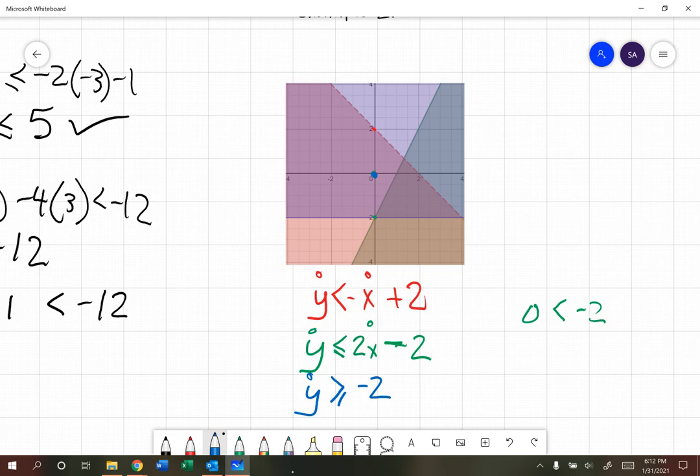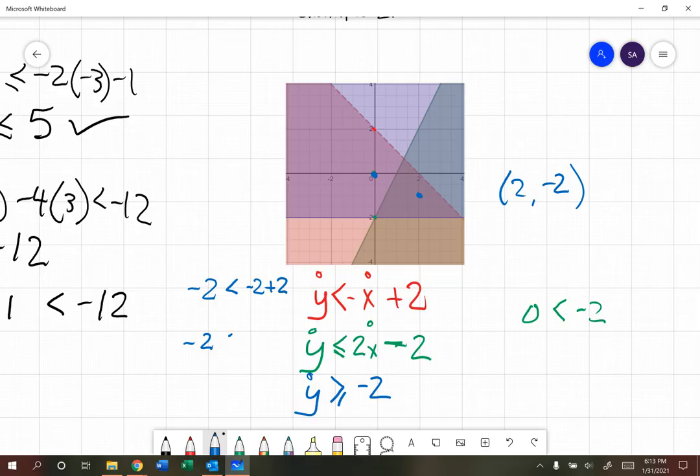If I were to then check a solution of this, so if I chose 2, negative 2, that should be a solution to all of these. So if I put in negative 2 is less than negative 2 plus 2. Well, yep, negative 2 is less than 0.